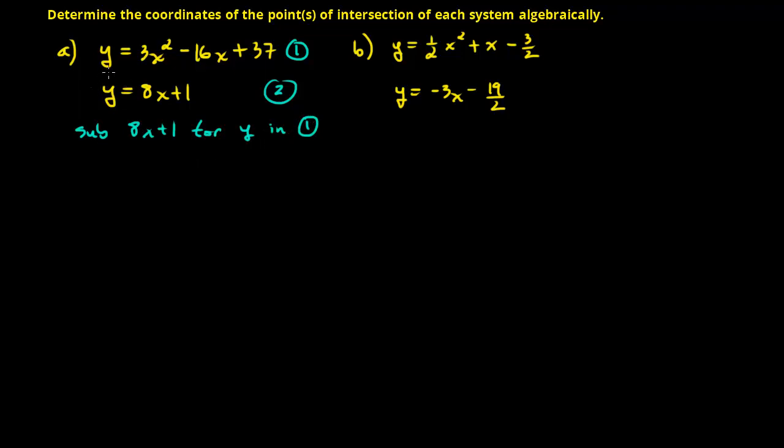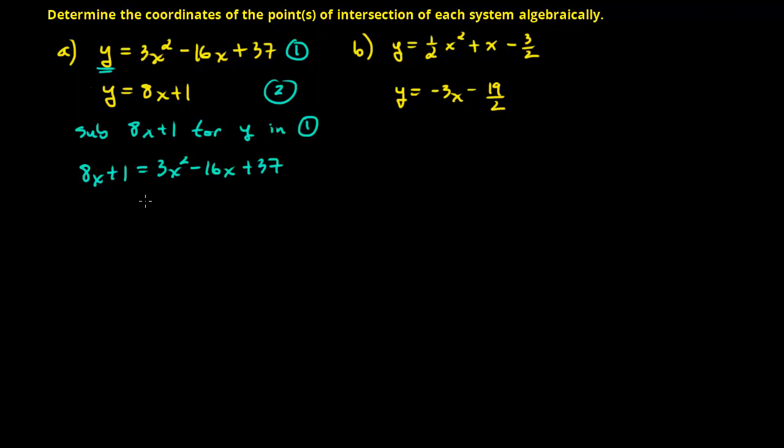So I can replace y in equation number 1 with 8x plus 1, because when the line intersects with this parabola, their y values will be equal. So I can equate 8x plus 1 is equal to 3x squared minus 16x plus 37. And now basically what I'm figuring out is what values of x make their y values equal.